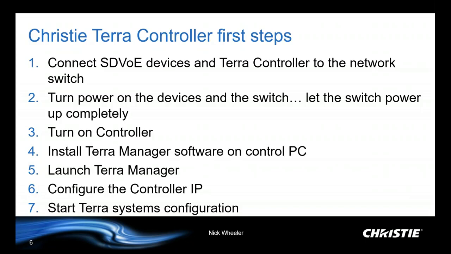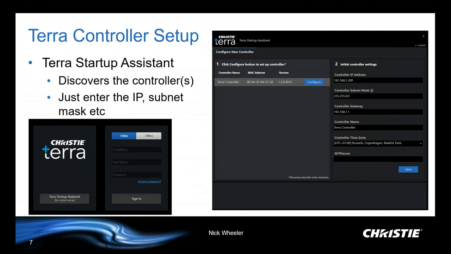So to set the controller up, this is what you get when you start the Terra Manager software. On the left-hand side, you'll get the Terra Startup Assistant, and then the sign-in, the login box to use.